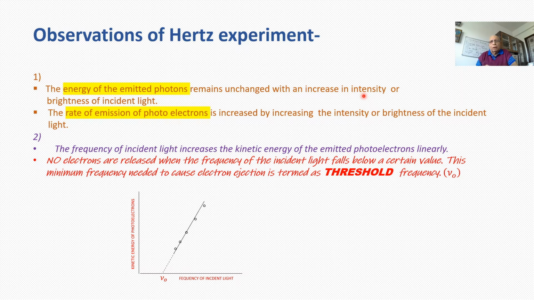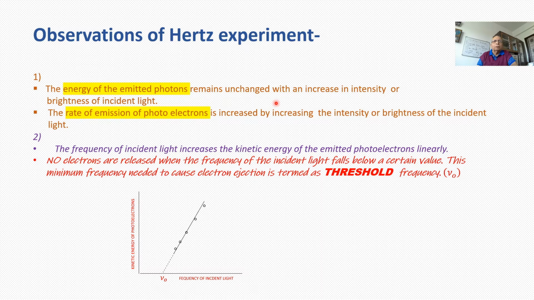What I mean to say is that intensity of light is related to brightness of the light. When the brightness of the light is changed, the energy of the photoelectrons remains unaltered.